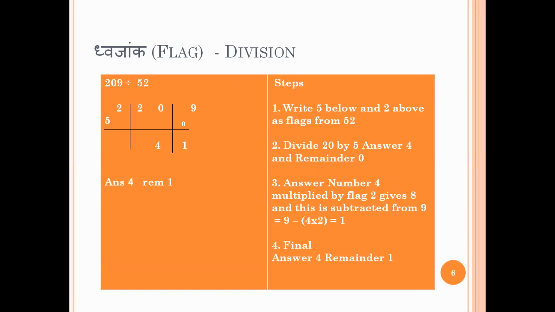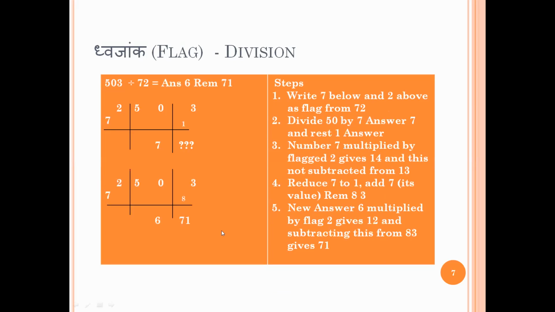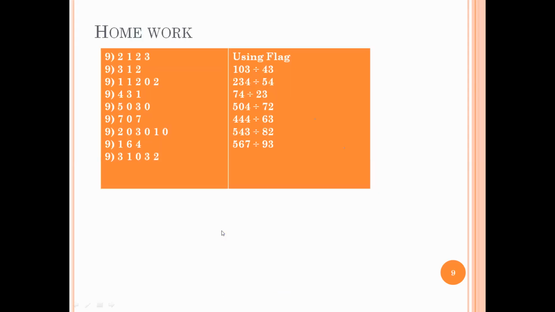A student doesn't even need to remember the table of 52 to divide. And the beauty is that no matter how big the number, the technique remains the same. So it is a very useful technique. I suggest you practice your homework thoroughly so that you understand the basic steps. Once you understand the basic steps, it is very easy.